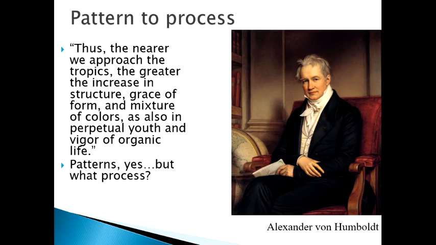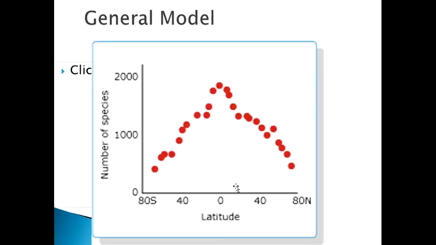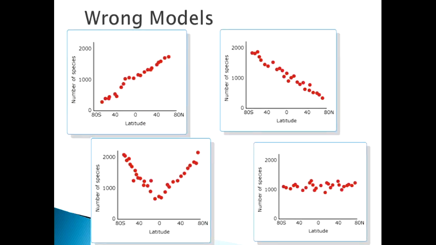Let's actually dive into it a little bit. The general model looks like this, where you have the number of species increasing towards 0 degrees latitude in the center, and then decreasing the other direction, sort of a mountainous look, a hump. There are a lot of wrong models.